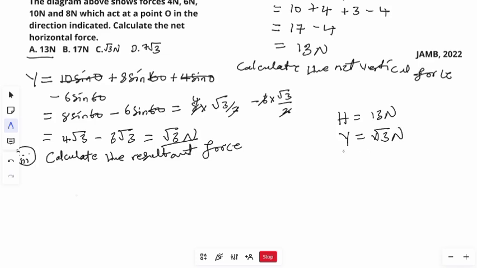And then you have to calculate the resultant, R. That's one singular force, the equivalent of these two acting at that point. The way we normally do this is we draw a right angle triangle.